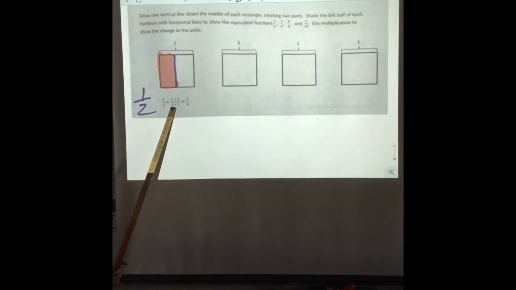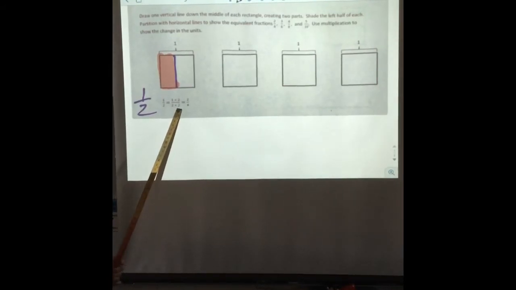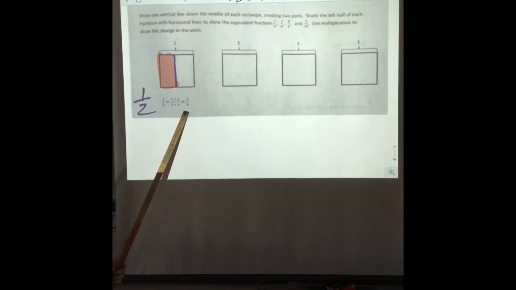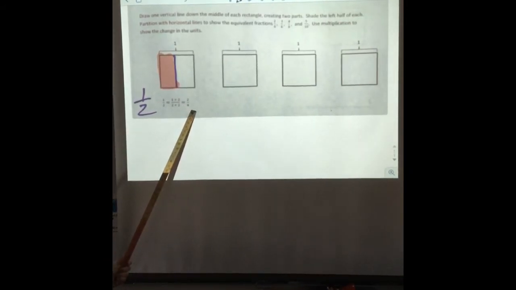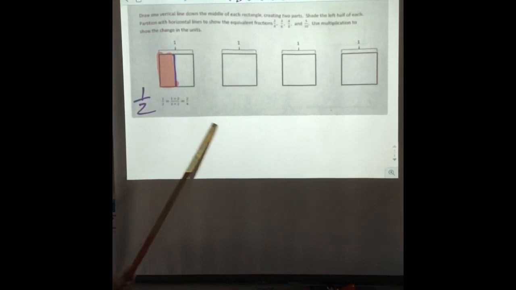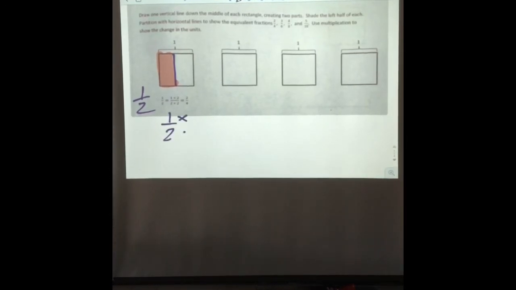It says, okay, now take your half, and we're going to make it an equivalent fraction. That means we're going to make it into a fraction with a different unit, but they're both going to equal the same thing. What do I mean by that? Well, let's say I have a half, and I'm going to multiply it by 2.